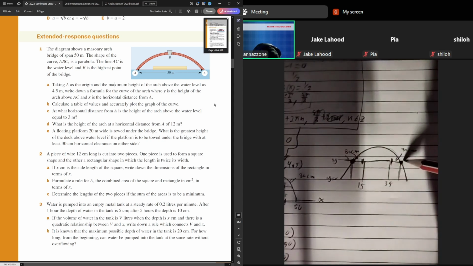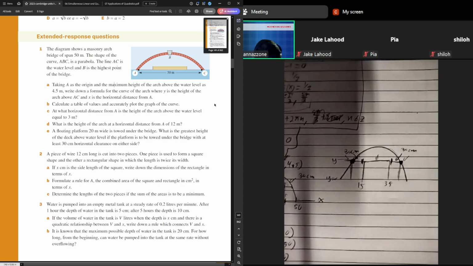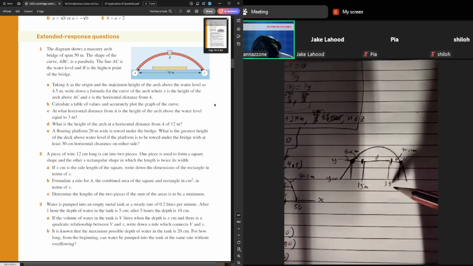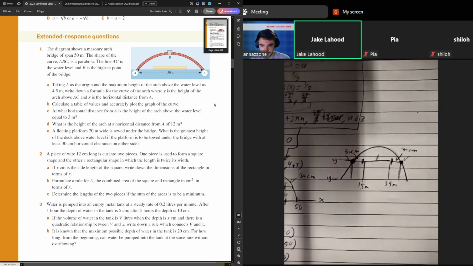These y values is the same as this height, which is the thing we're looking for. Somehow find the x values. Yeah, somehow find those x values.